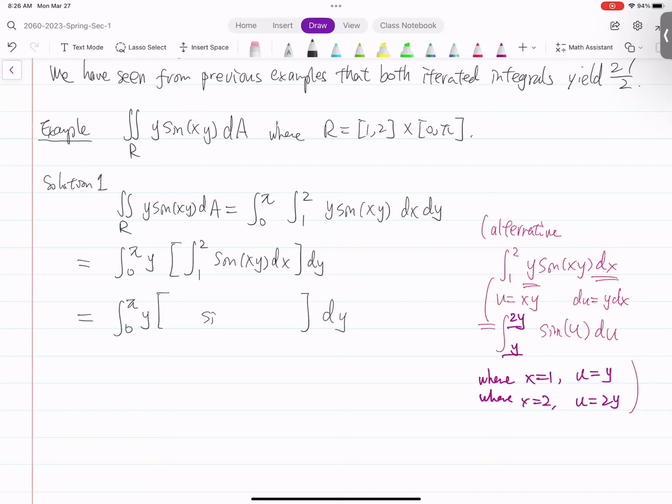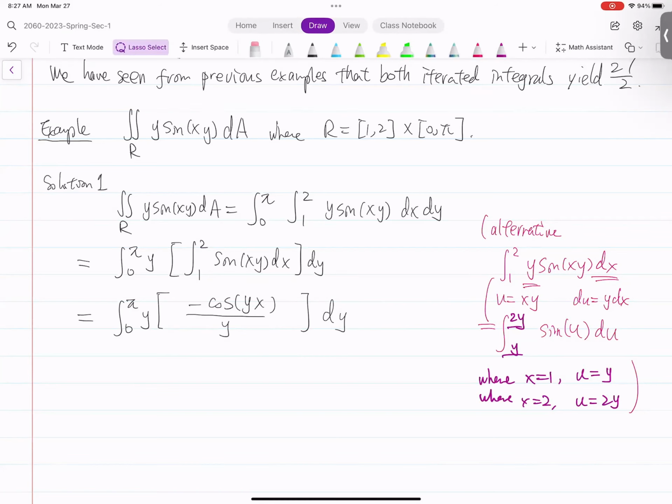So this is sine, excuse me. So sine, okay. The antiderivative is actually negative cosine. And here, notice that you have y in the front, and you also need to do the division for the antiderivative.